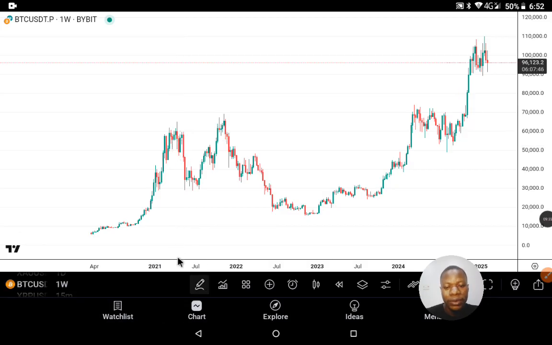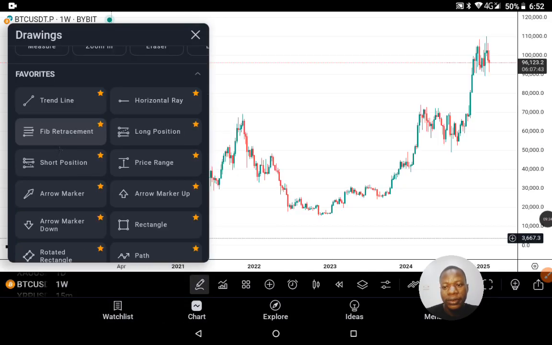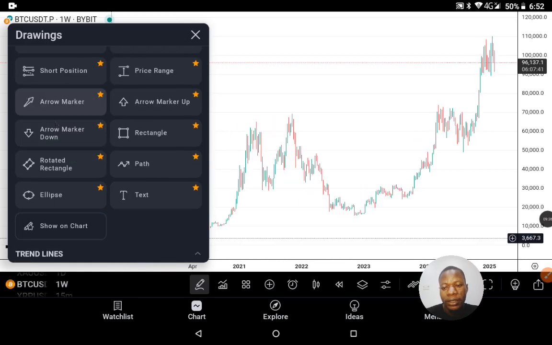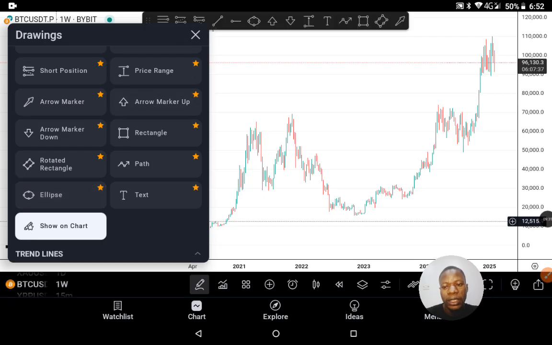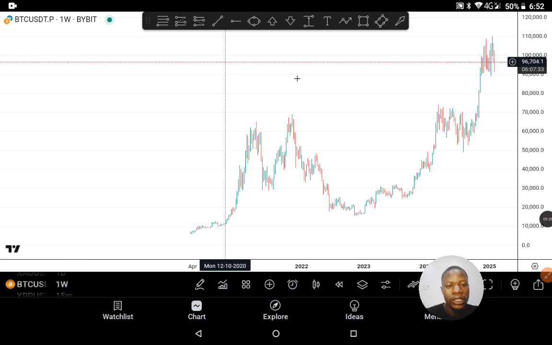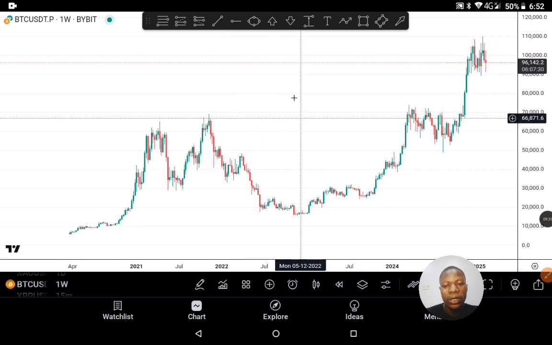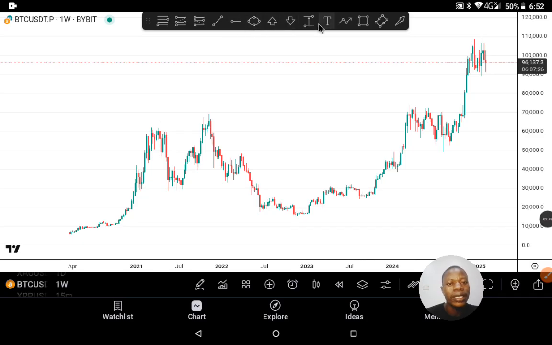So let me use my drawing tools so I can use them easily here. Okay, so let's mark the swing highs and swing lows in this market.